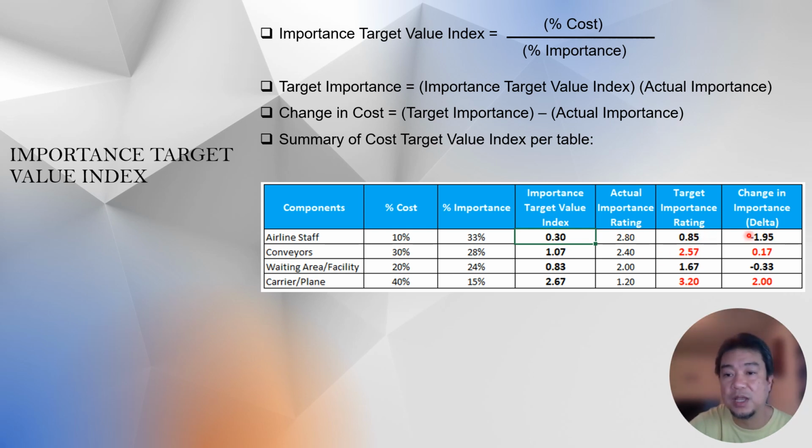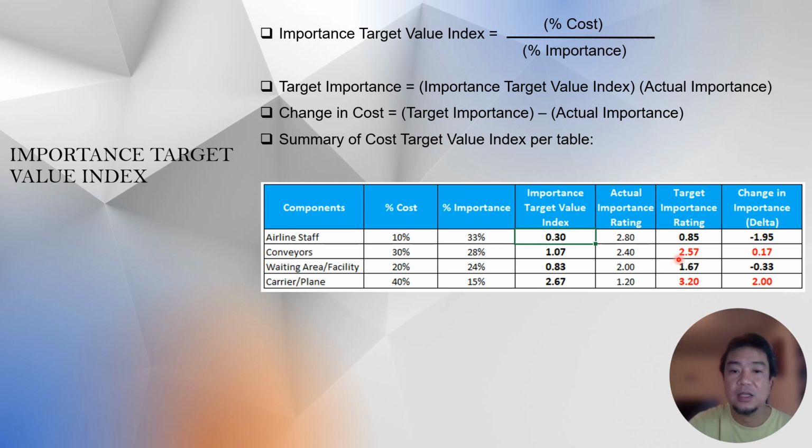Okay, so the percent change is 1.95. Similar to the other component, that's how you do the target importance ratings. Now for this case, what we are trying to understand is which one to focus on in order for us to cut cost.